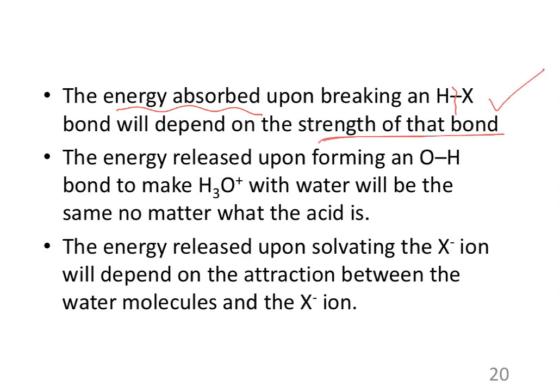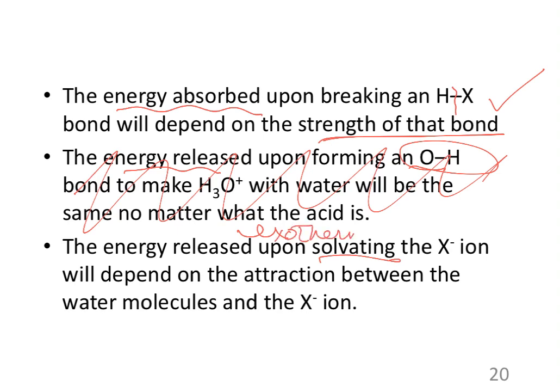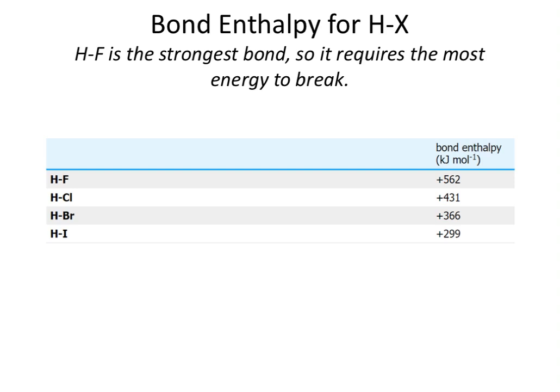So that is unique to the acid. The energy released when we form an O-H bond in the hydronium ion is the same, regardless of the acid. So we're going to ignore that. And then finally, solvation, the energy released, okay, that's an exothermic process, when solvating the conjugate base also depends on the nature of the original acid. So we really have to look at the first and third bullets to understand the enthalpy change.